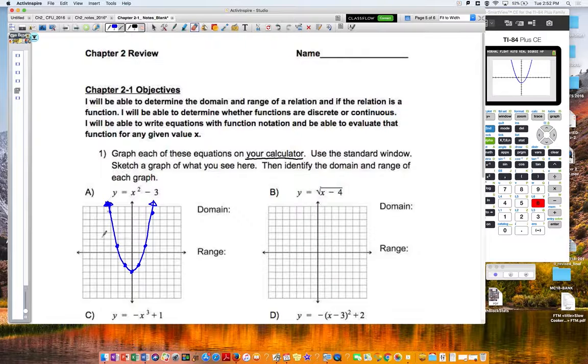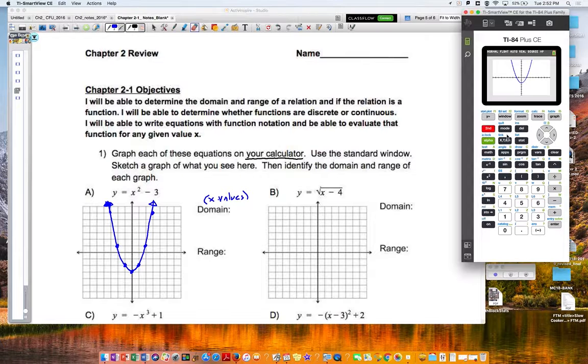So now we're asked to calculate the domain and range. Remember that domain is all of your x values. When I look at my x values, x can be basically any number. If it helps, go to your calculator and look at this. x can be any negative number, and in the other direction, x can be any positive number.